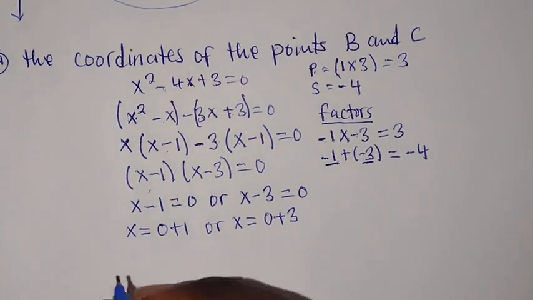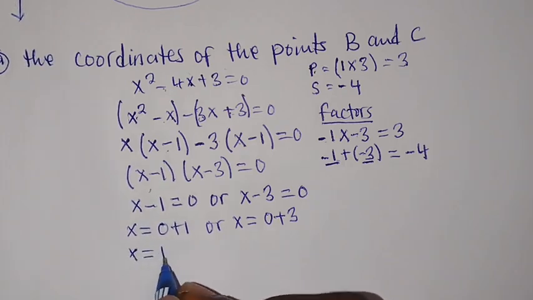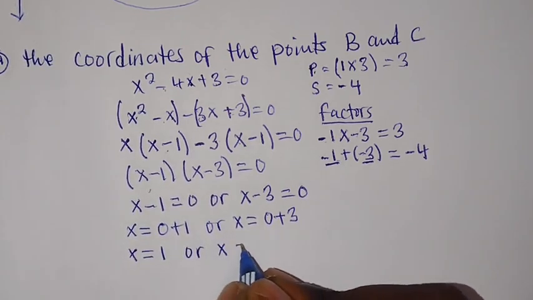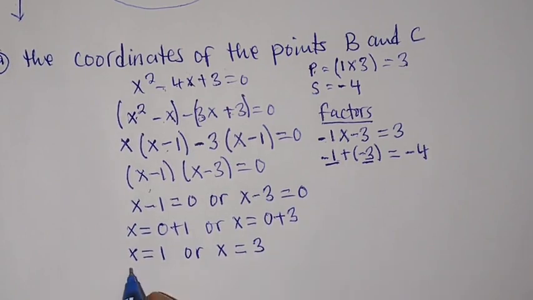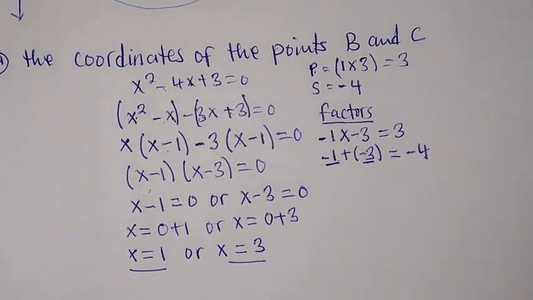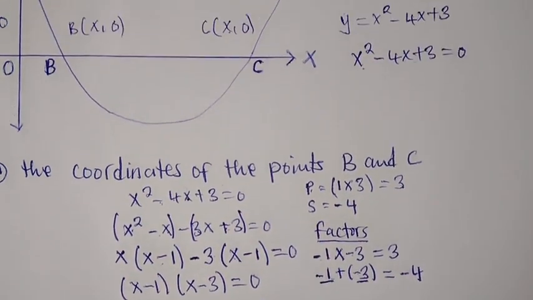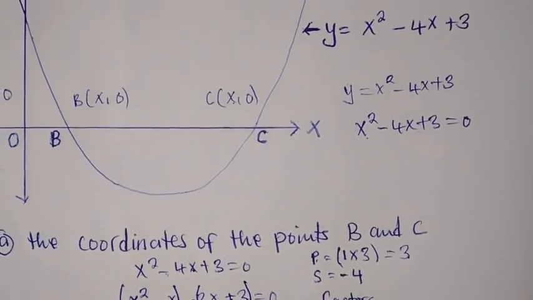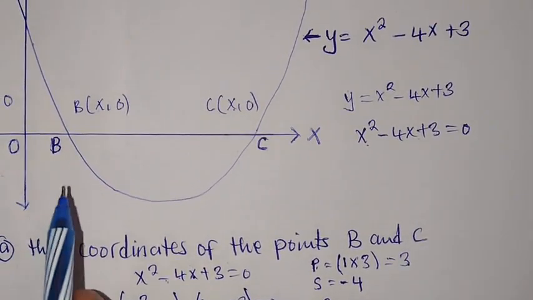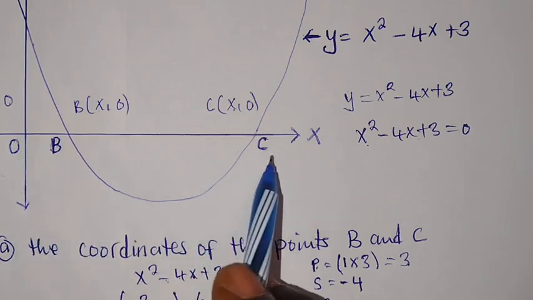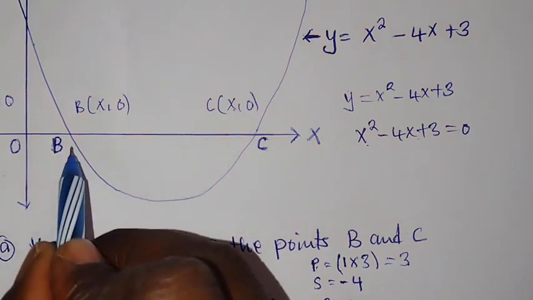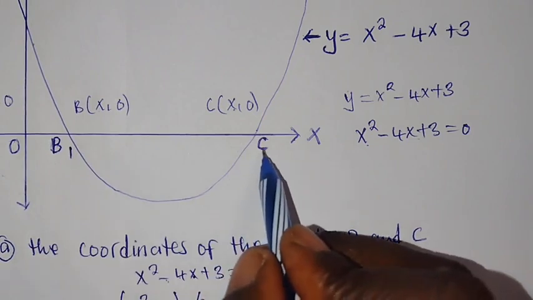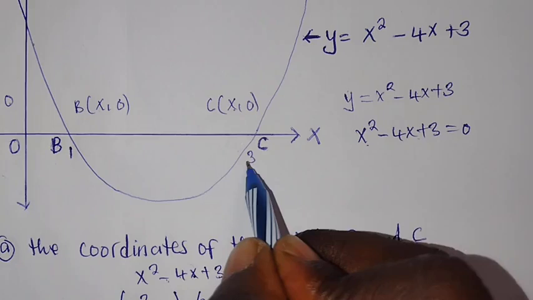So from here, we can say x equal to 1 or x is equal to 3. So these are the values of x. Now we need to find the coordinates of B and the coordinates of C. When you look at our diagram right here, B is coming first before C. So meaning that 1 was right here, and this C, there was a 3.